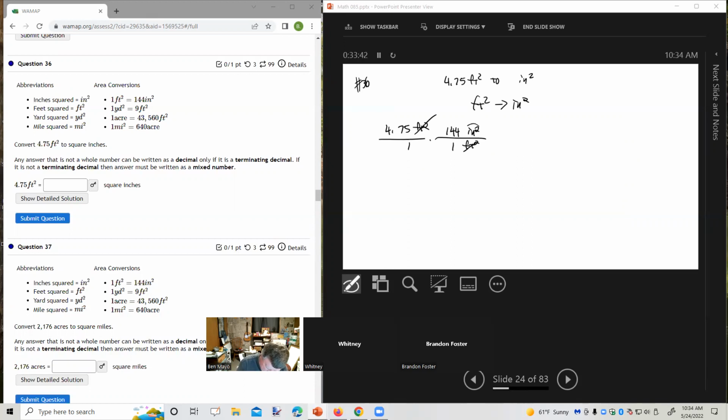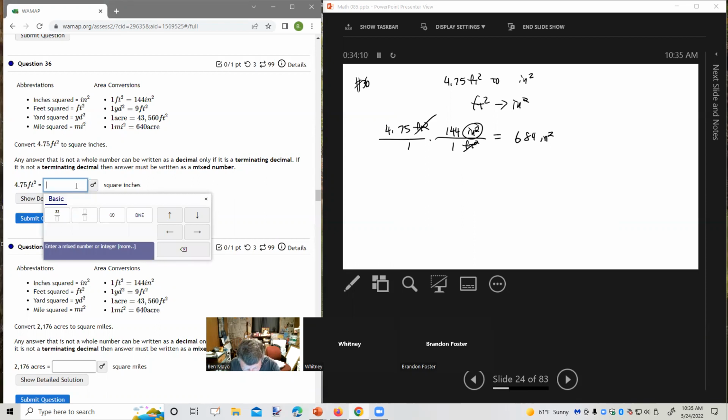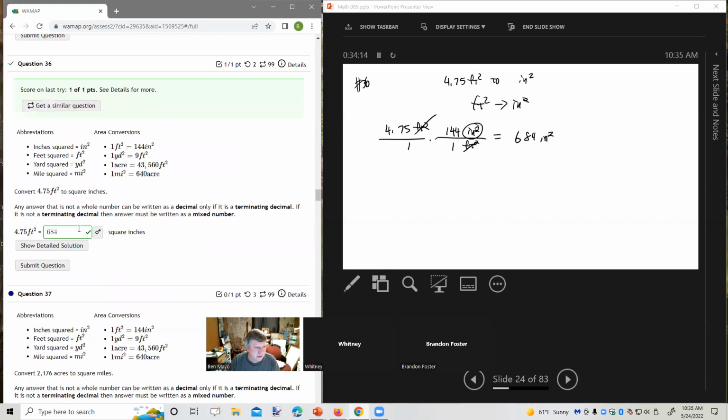Cross out the common units of square feet, leaving me with square inches. Do the multiplication, 4.75 times 144, and I get 684 square inches. Note it says if any answer is not a whole number, if it can't be written as a terminating decimal, then you need to use a mixed number, but that hasn't come up yet. If it does, we'll deal with it.